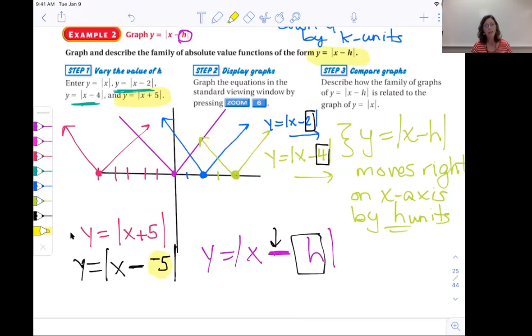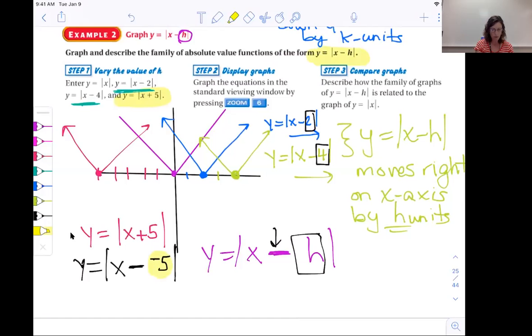Yeah, the actual value is -5. So that's really weird to think about. And we're going to talk about that when we look at our graphs today, but the actual value is -5. So the minus is part of the formula, it's part of the equation. And if you see a plus there, it's really saying x minus, and then the value is -5.